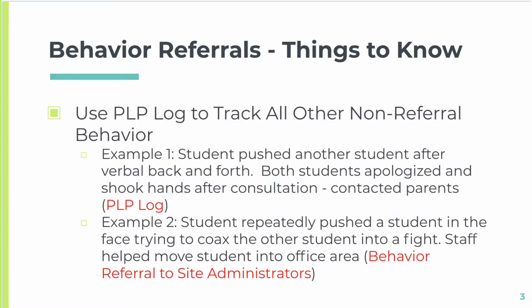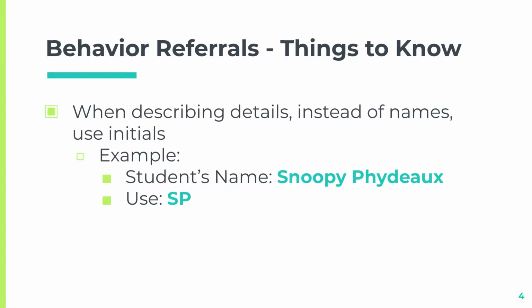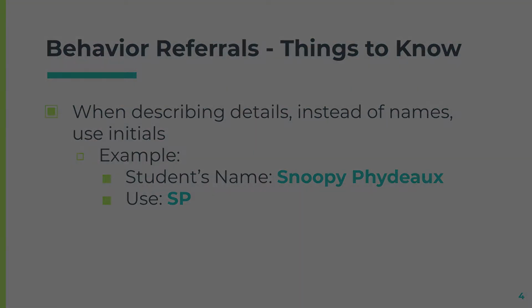So PLP log is for documentation, and behavior referral is given to the site administrators for resolution. So when you're describing the details, instead of using names, make sure you're using initials. So for example, if you're using Snoopy Fido, you would use SP. On that note, let's take a look at how to write up a referral in Infinite Campus.